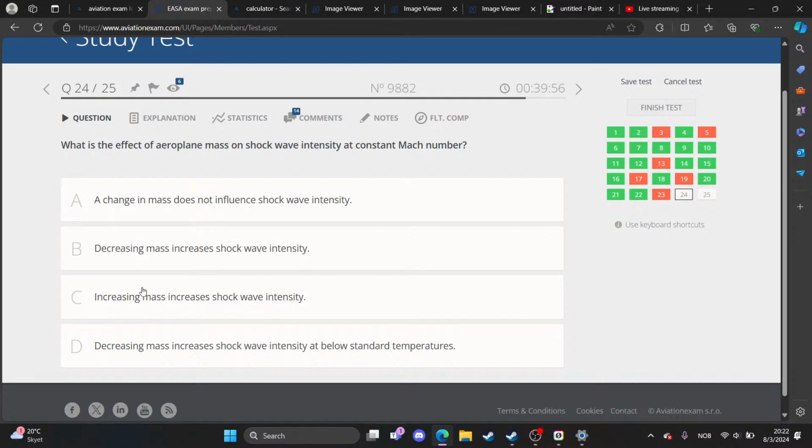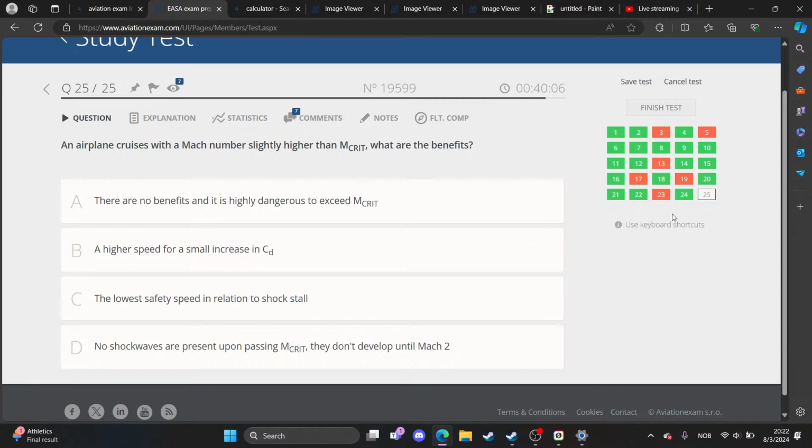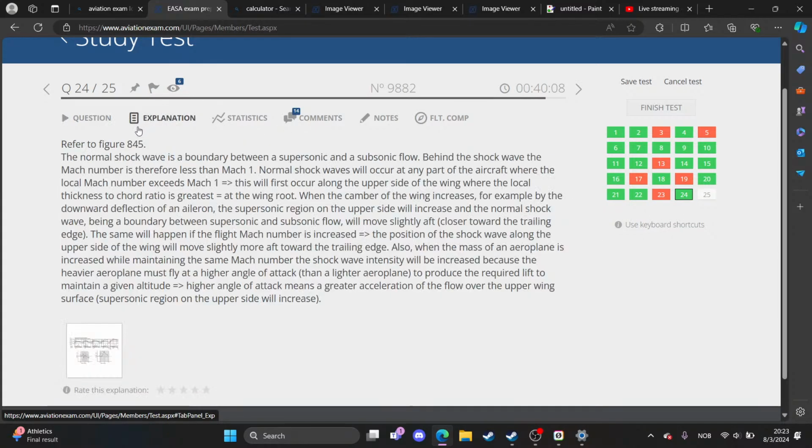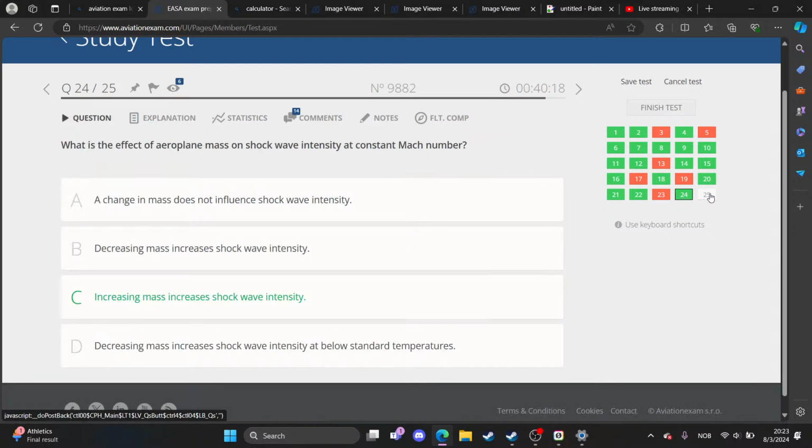I like this one. Is it because of the reason I thought it was? Just skim reading this: higher angle of attack, blah blah blah. Yeah, it's because of the angle of attack.